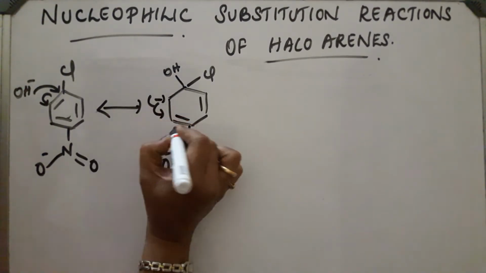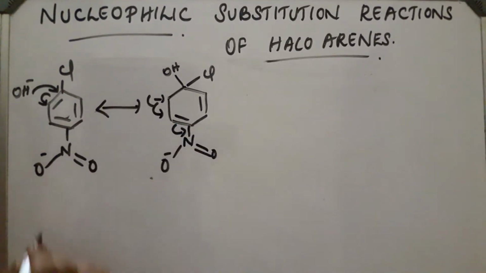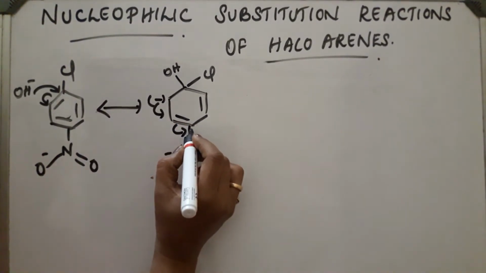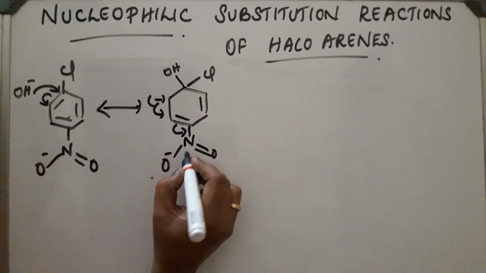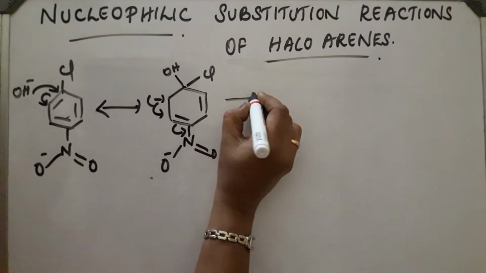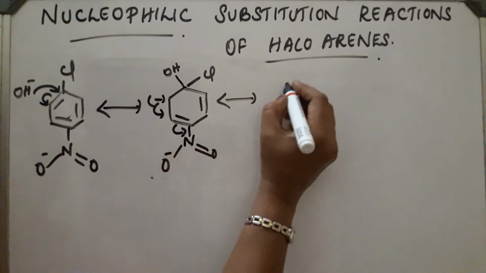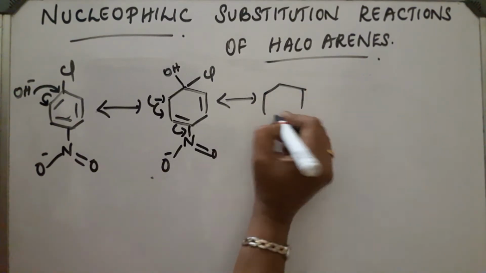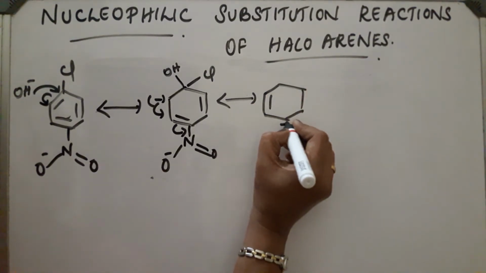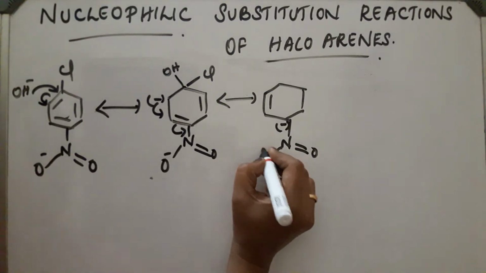Next, this bond will shift and a negative charge will come here. This is an electron withdrawing group, and it can withdraw electrons. So the total electron density of this aromatic ring decreases.